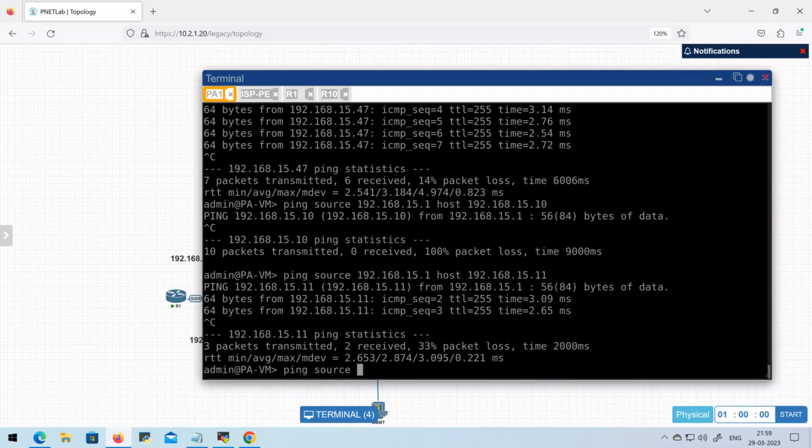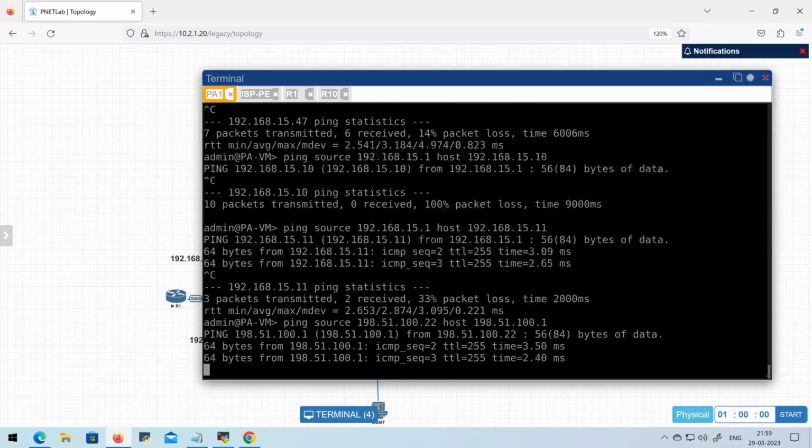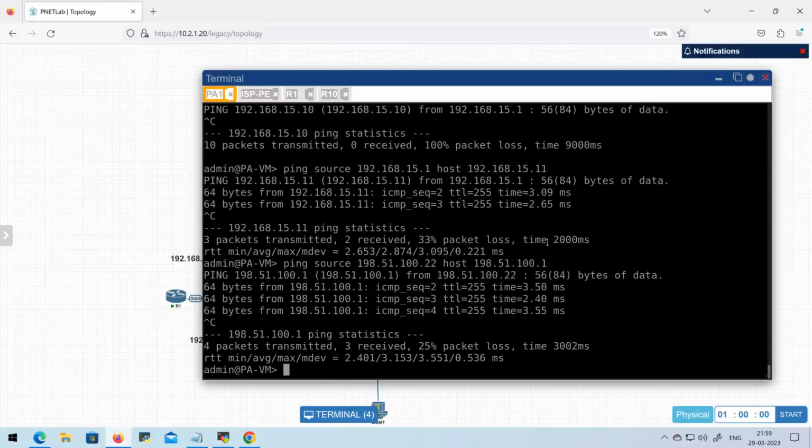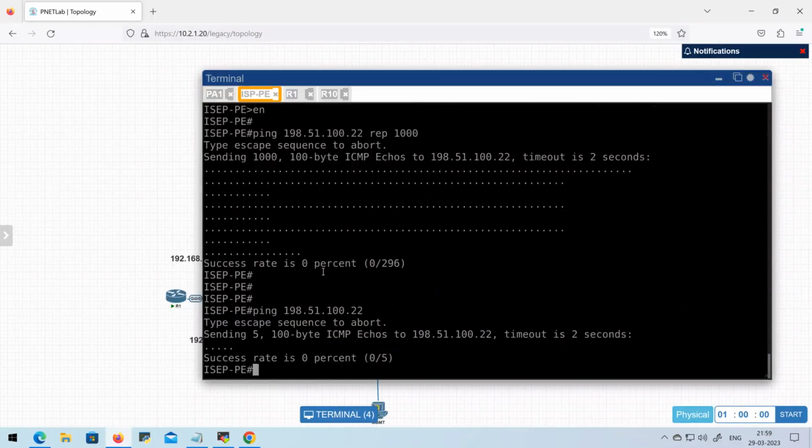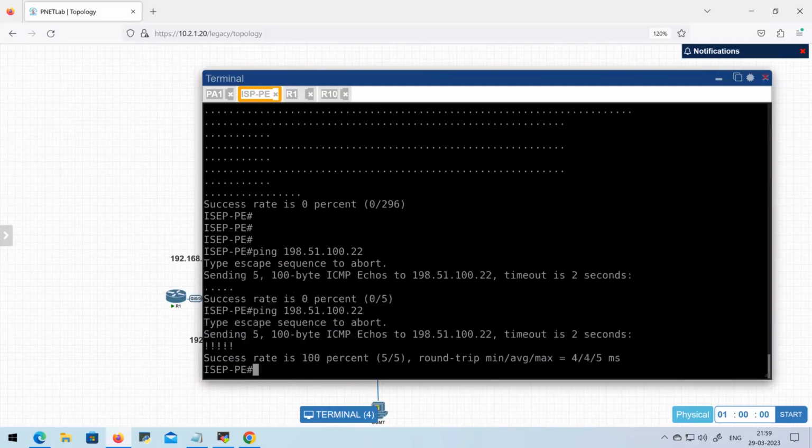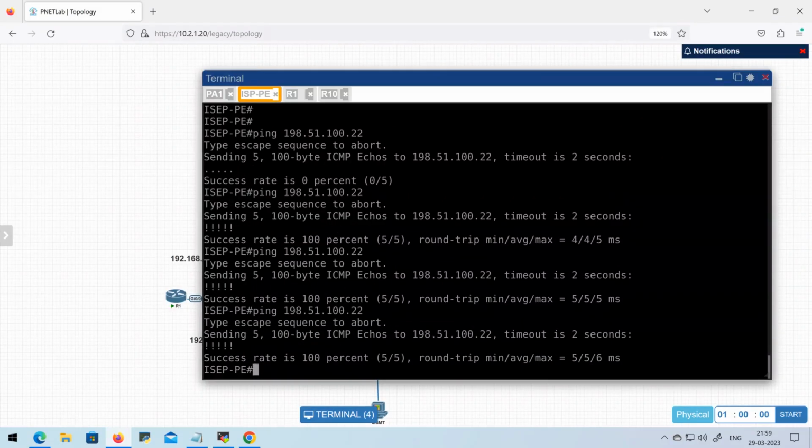Ping source 198.51.100.22 to host 198.51.100. Okay.